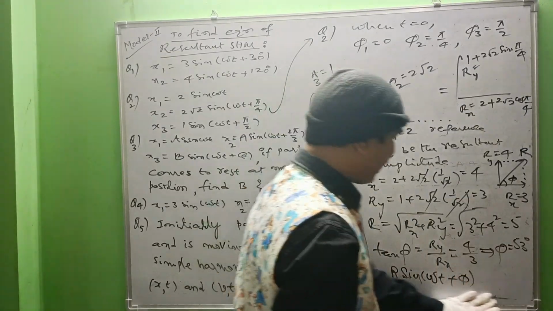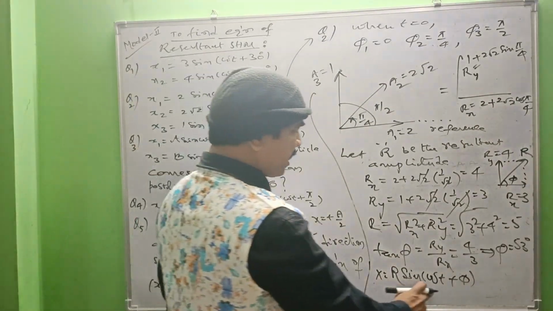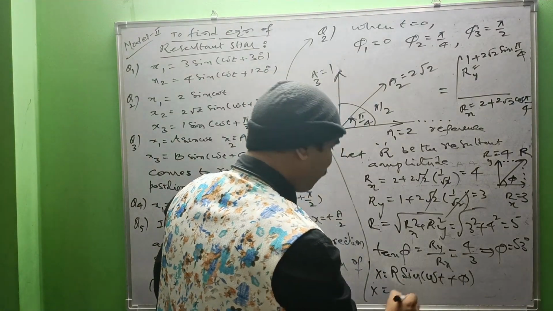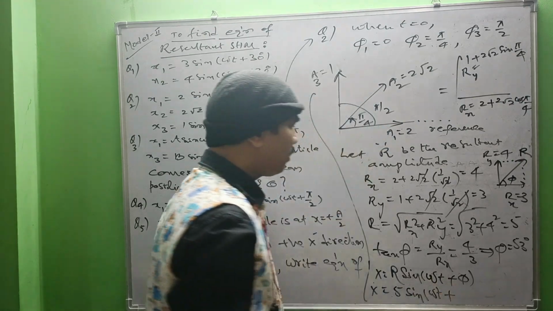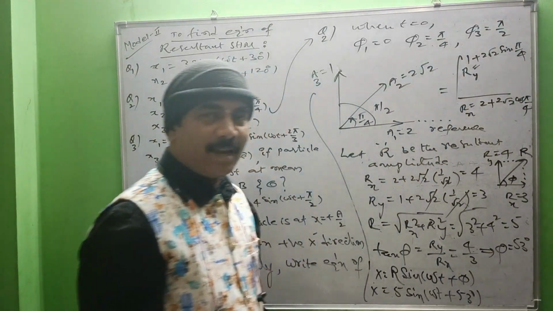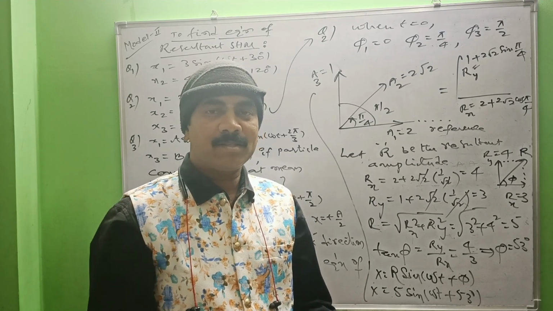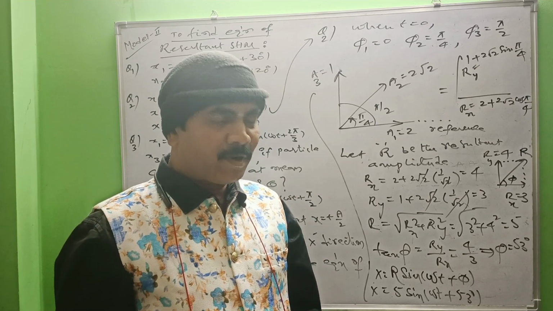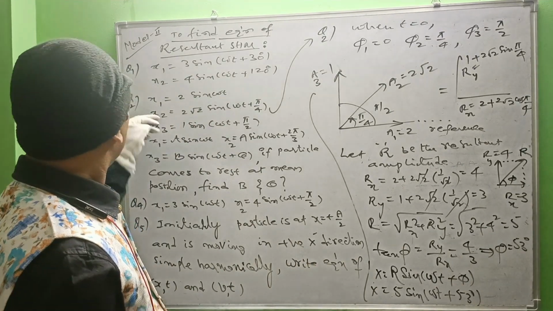This is the general expression as per the given data. So x equal to 5 sin of omega t plus 53 degrees. That's how one can estimate the expression for the resultant SHM in case a particle is acted on by more than one oscillation simultaneously. So that's about the second sum.